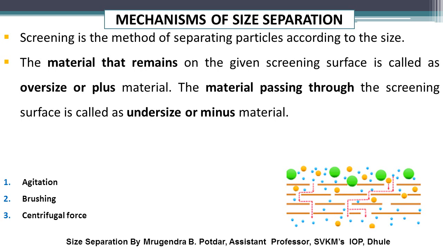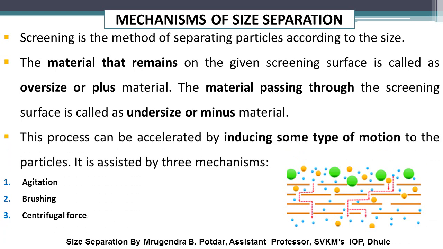The material that passes through the screening surface is called undersize or minus material. It means the material able to pass through the sieves is called undersized or minus particles, and those retained on a particular sieve are called oversized particles.